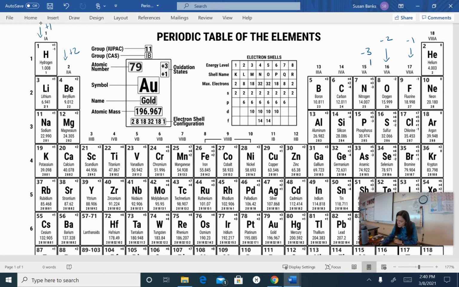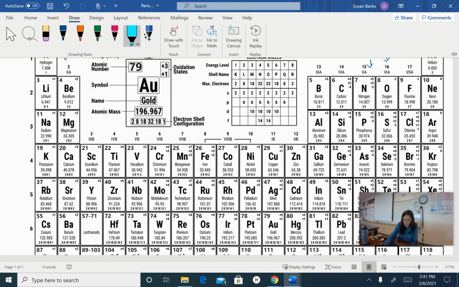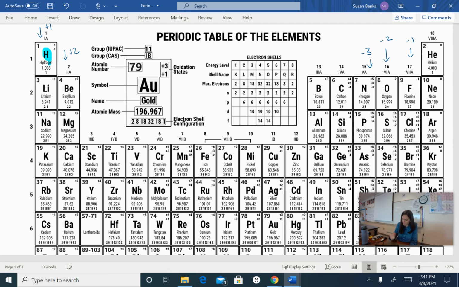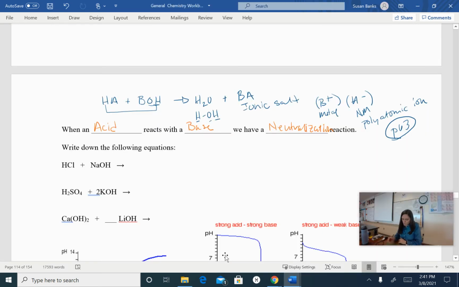So we're going to use that to help us figure out the charges, and we're also going to use the polyatomic chart. So we had hydrogen. Hydrogen is in this first column, so it is a +1. Do you agree with that? So hydrogen is a +1. Chlorine's in this second to last column, so it is a -1. So I'm going to put those charges on here. So hydrogen is a +1, and chlorine is a -1.